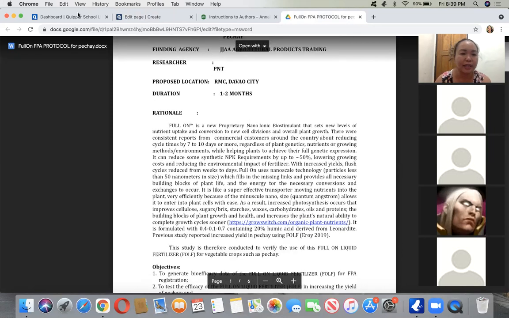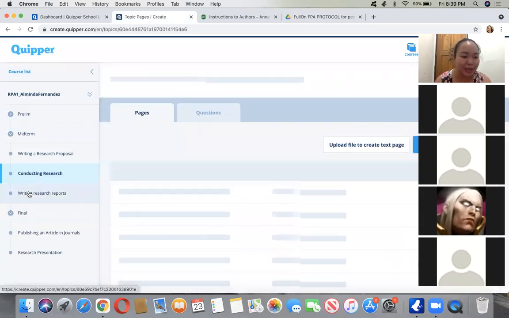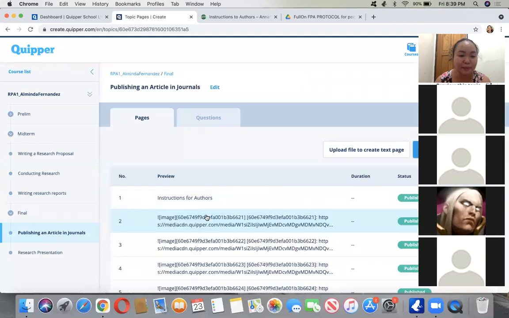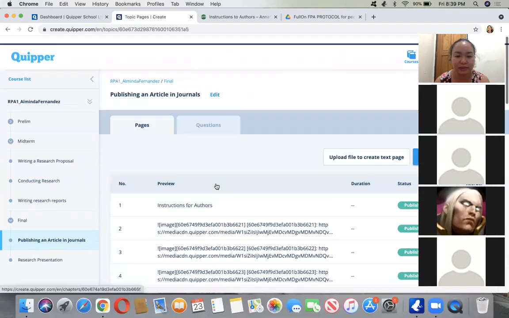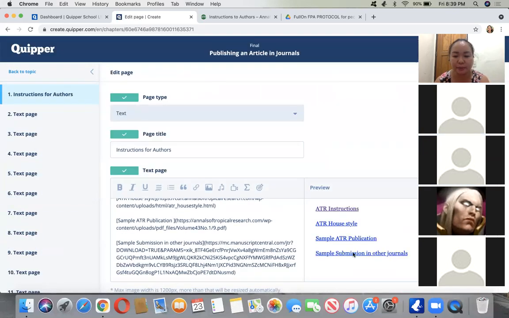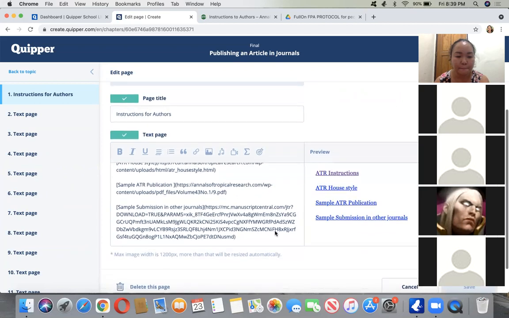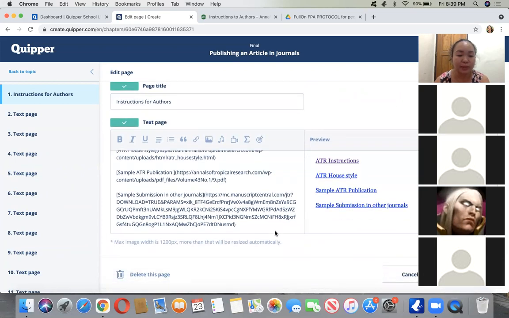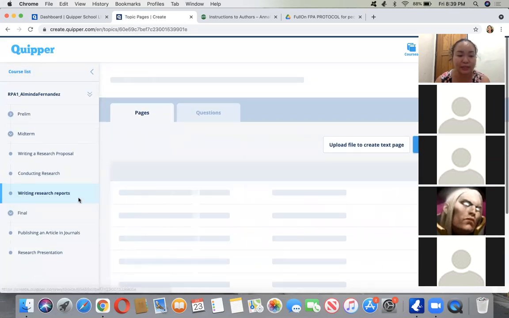I have a sample here for publishing articles, a sample submission and sample ATR publication. Actually, what I mean is the thesis, writing research reports.